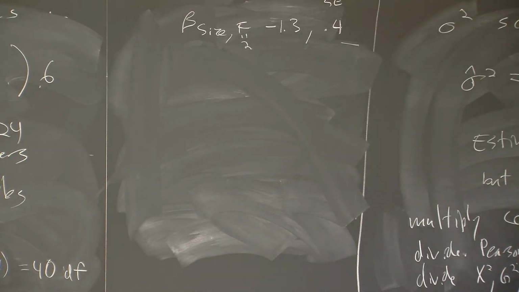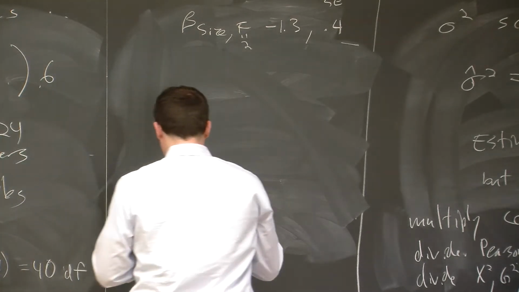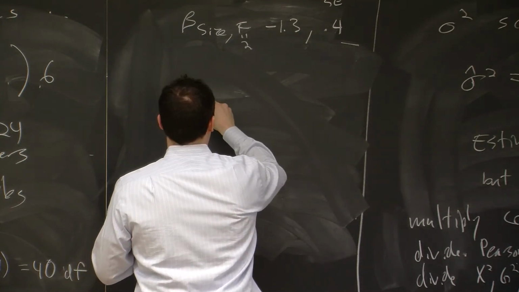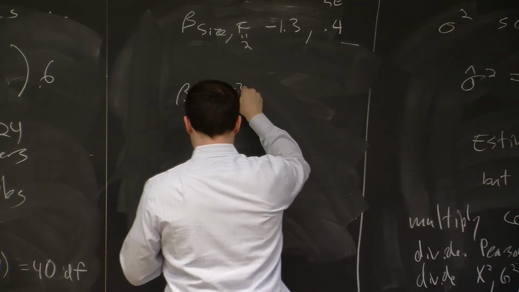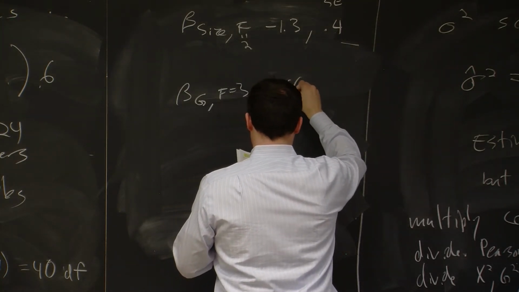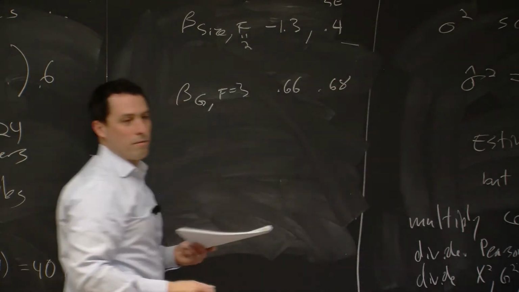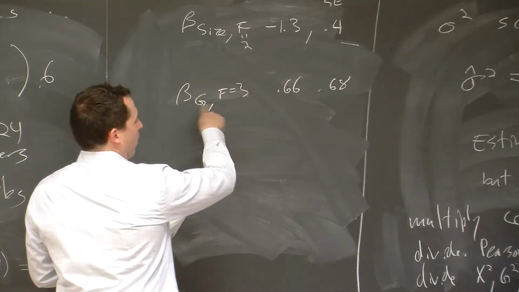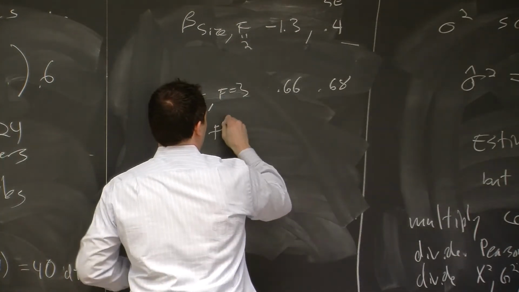And so that will be a significant coefficient. So I get a huge table of these, one for every coefficient. And some of them will not be significant, like the beta for gender and food equals 3. We get 0.6 for the estimate and 0.68 for the standard error. And so that would not be significant. And so we do some model selection. We can decide, for example, if all the gender coefficients are 0, maybe throw them out.